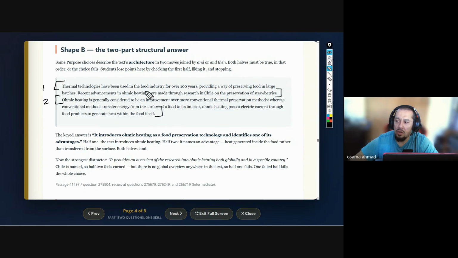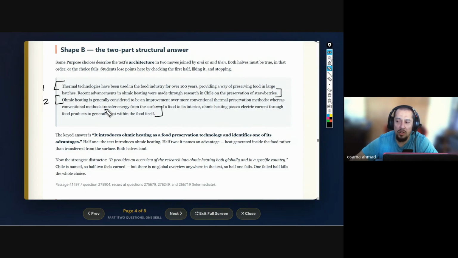Thermal technologies have been used in the food industry for over 100 years, providing a way of preserving food in large batches. Recent advancements in ohmic heating were made through research in Chile on the preservation of strawberries. Ohmic heating is generally considered to be an improvement over more conventional thermal preservation methods.